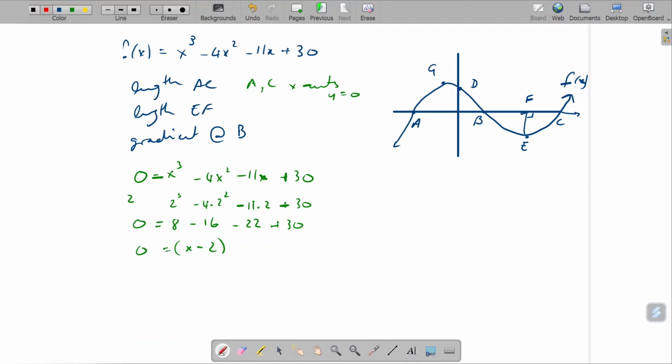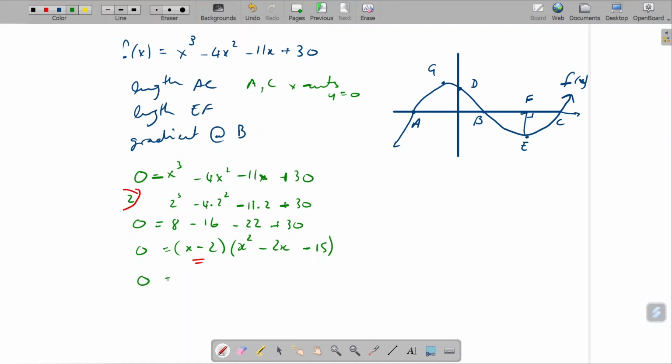Because I've got x equaling 2 being a root, I know that x minus 2 is a factor. I need to get x squared. To get x cubed, I need to have minus 15 in combo with minus 2 to get plus 30. I've got minus 2x squared, so I need a minus 2x to get minus 4x squared.